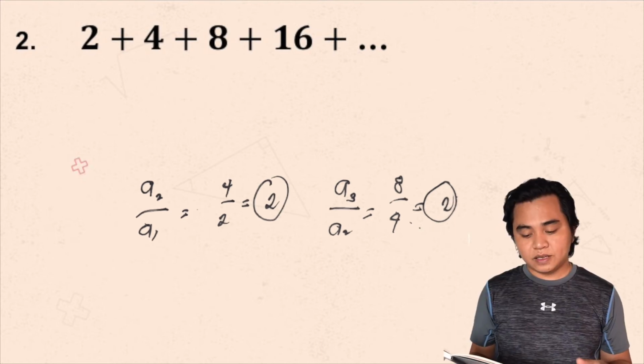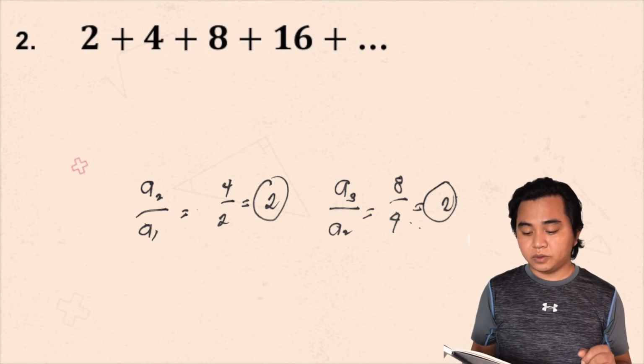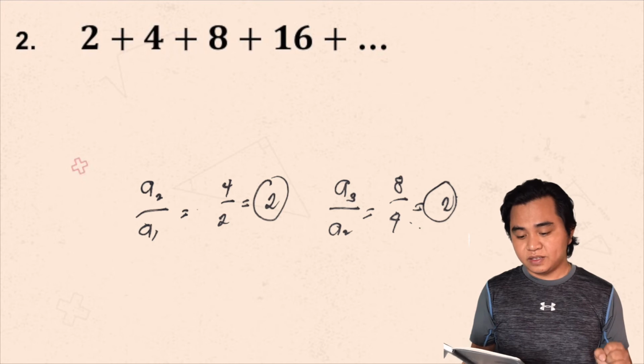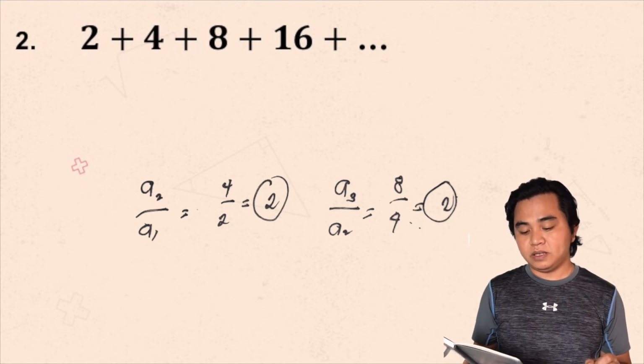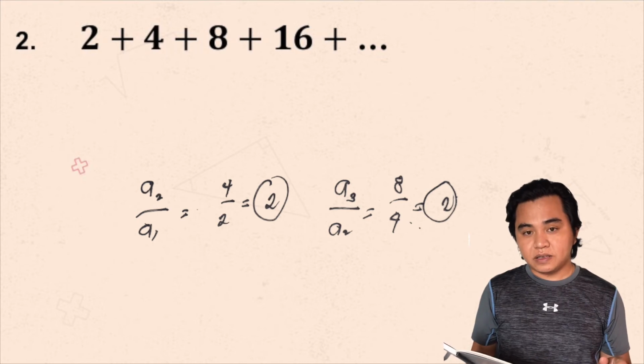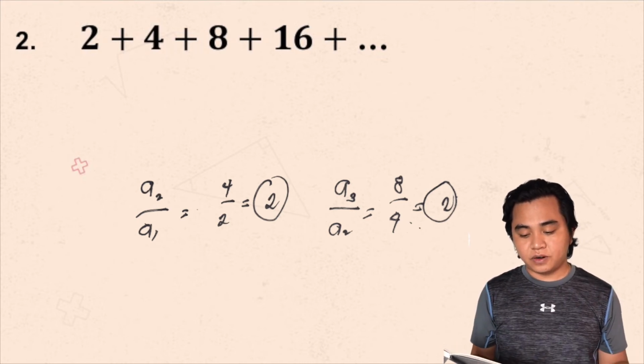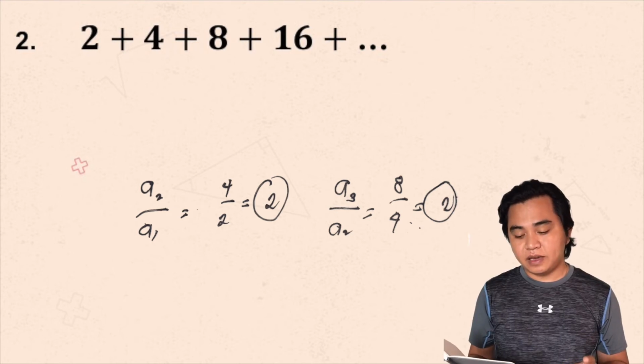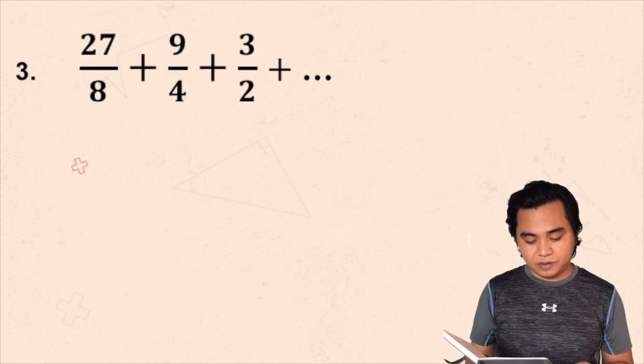So with this, class, in number 2, the common ratio here is positive 2. And take note, class, 2 is greater than 1, which means this particular series doesn't have a sum. So therefore, the sum cannot be identified.